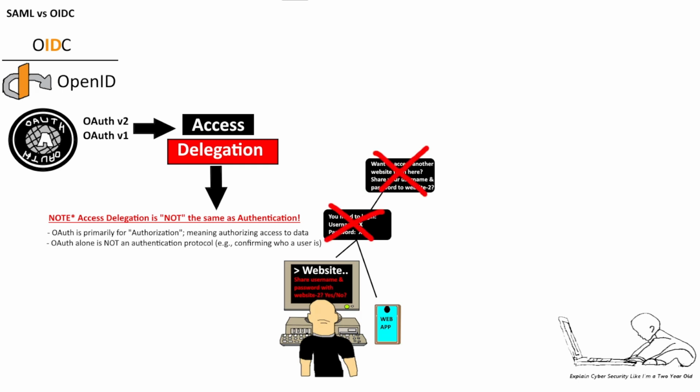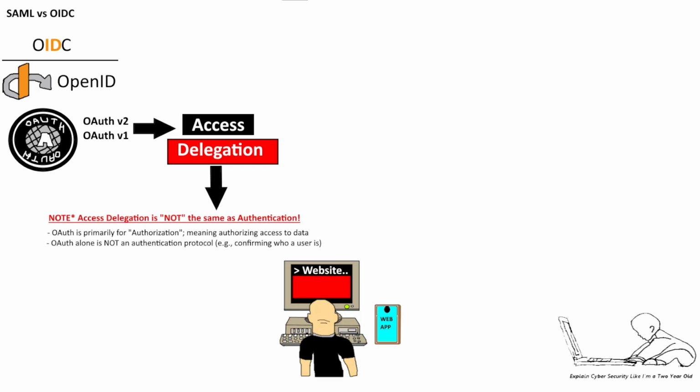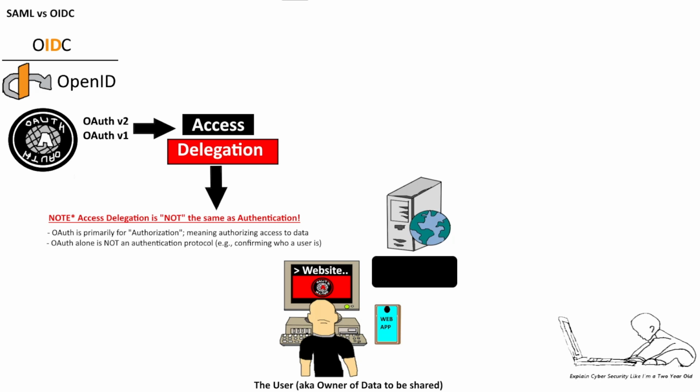Now, access delegation is what makes OAuth so cool, because it got rid of the need to share credentials. That means whilst the user will authenticate at website A, they do not need to authenticate again, because once authenticated, then the process of authorization through access delegation can occur. And essentially, this is the foundation of single sign-on, SSO.